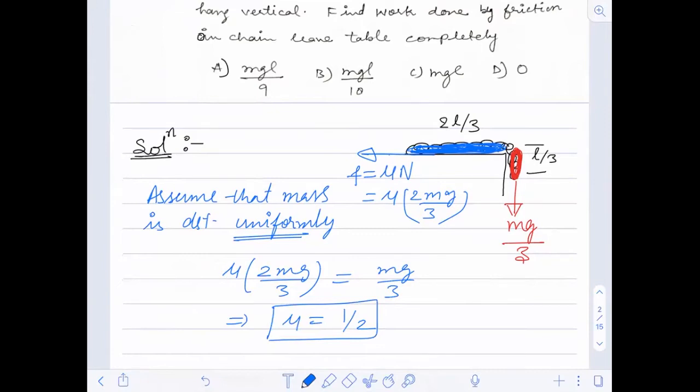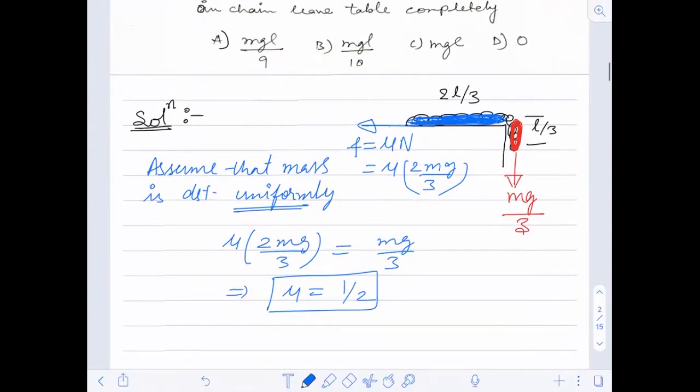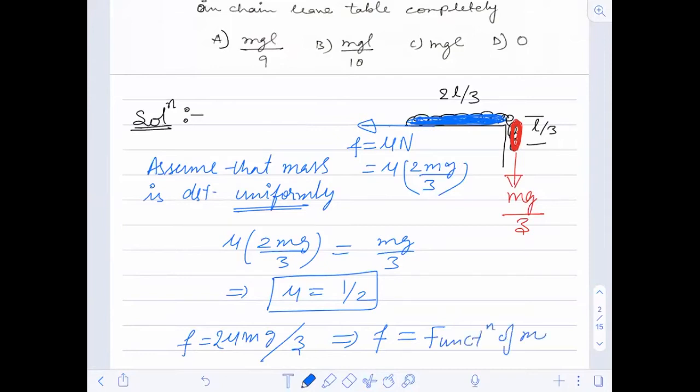Now just visualize that the friction value I have written over here as 2 mu mg by 3. Can I say that friction here is a function of mass?